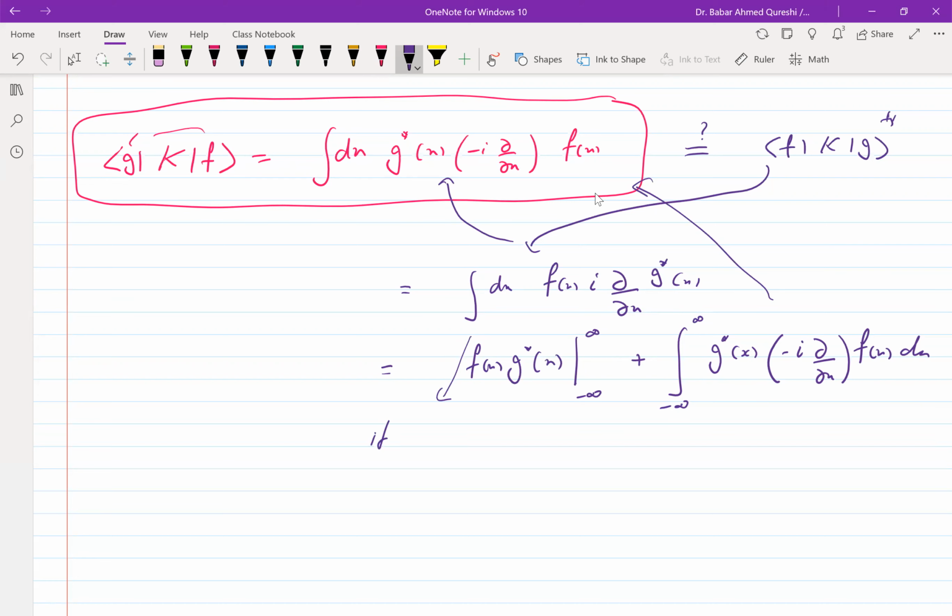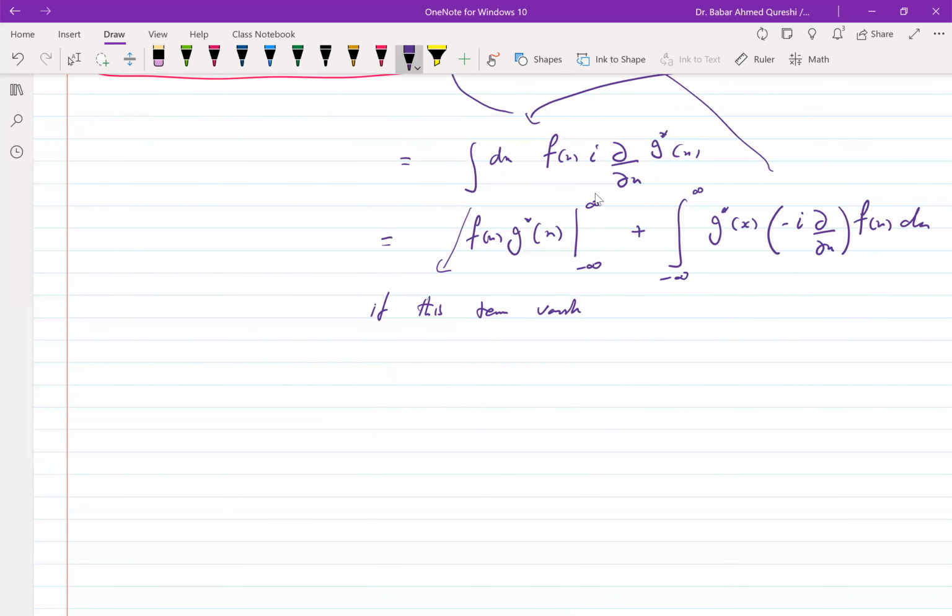So if this term vanishes, then K is Hermitian. So the hermicity of K crucially depends on the domain it acts on. If we take our domain, which was our original Hilbert space, which said that f and g go to 0 at x going to plus minus infinity, then this would be fine. Then this would be periodic. Then this term would be 0, and we will be fine.